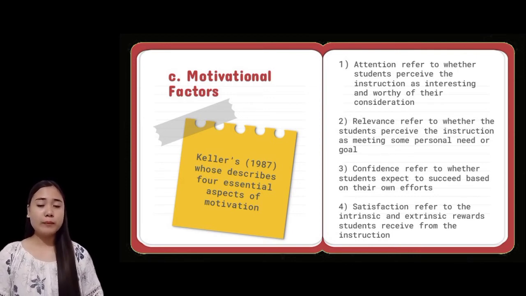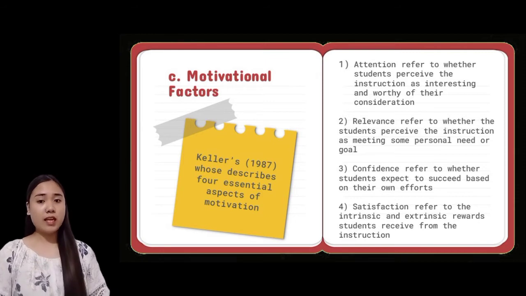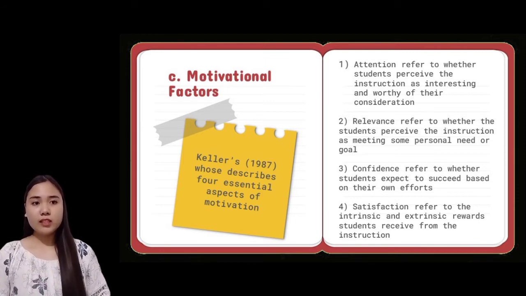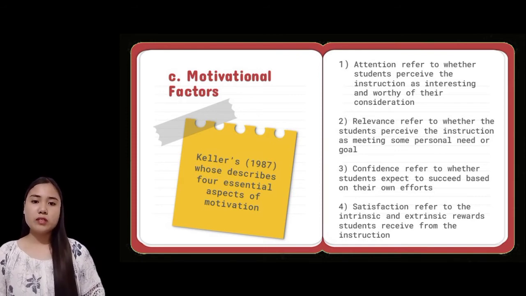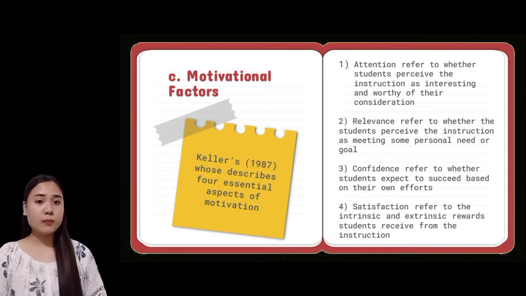Motivators can be categorized as either intrinsic or extrinsic motivators. Intrinsic motivators are generated by aspects of the experience of the task itself. The extrinsic motivators are generated by factors not directly related to the experience or task.